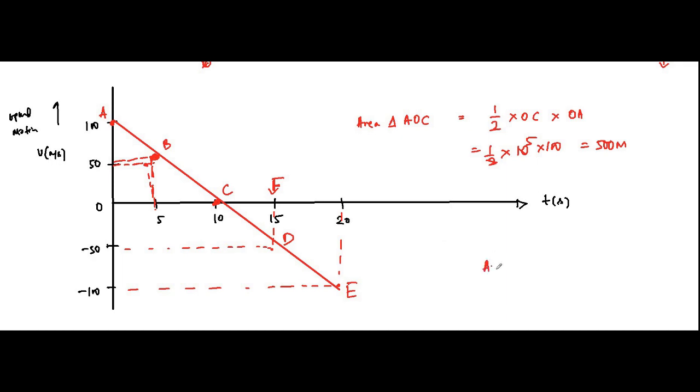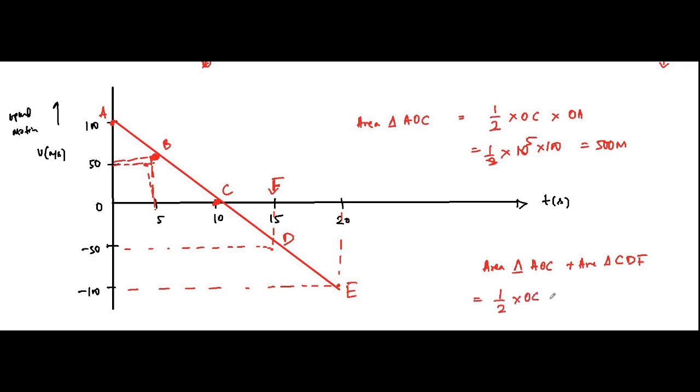It will be area of triangle AOC plus area of triangle CDF, because area under the velocity time graph gives us distance or displacement. Now as it is on the downward side of the time axis, during negative velocity, it will be subtracted. So let's see how it will happen.